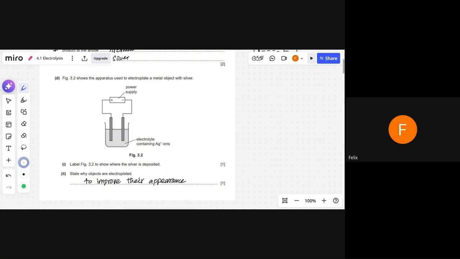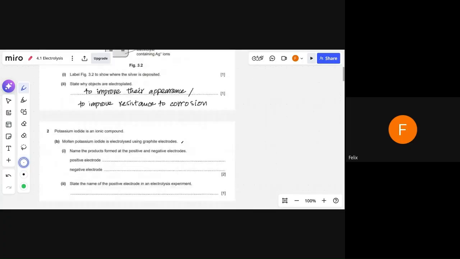So I think this is an easier answer. But let me write the other one as well: to improve resistance to corrosion. All right. Next question.